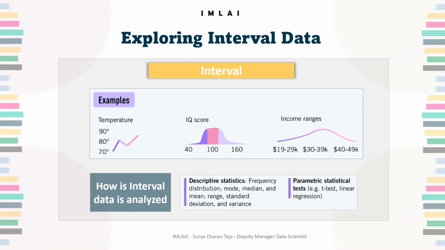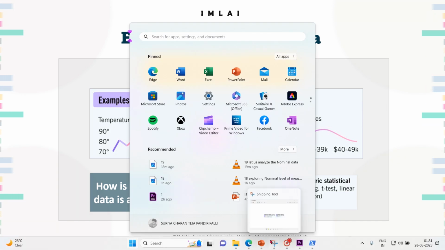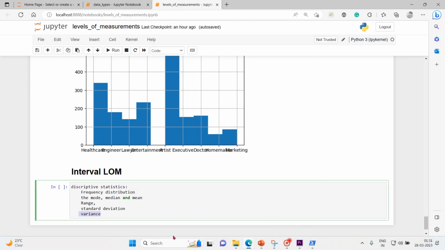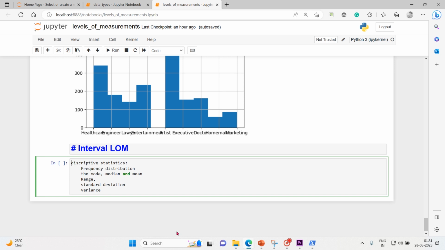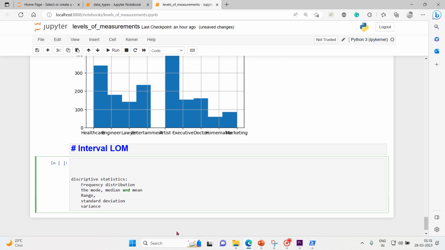Here, let me write some of the parametric tests. So this is descriptive statistics, and let me write down the statistical tests.